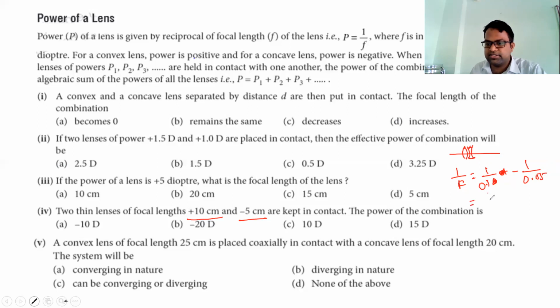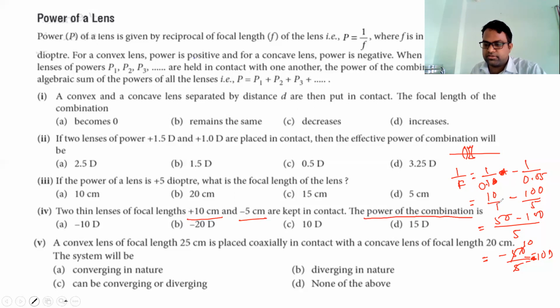Or you can write this as 10/1, and this as 100/5. Now you can take LCM 5: this is 50 minus 100, so this will be minus 50/5. You can say this is 10, so minus 10 diopter. So minus 10 diopter is the power of the combination.